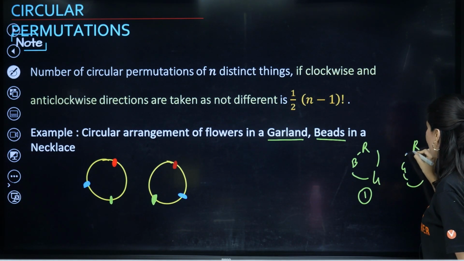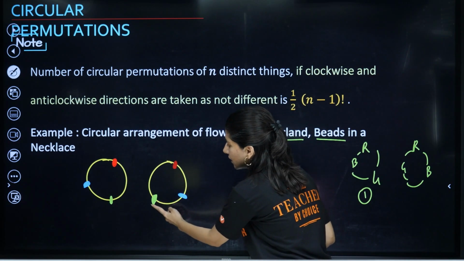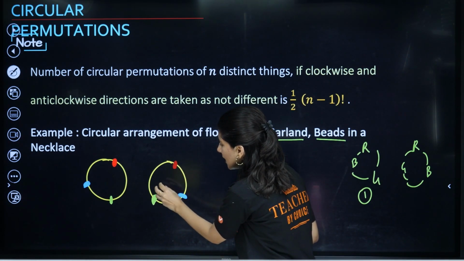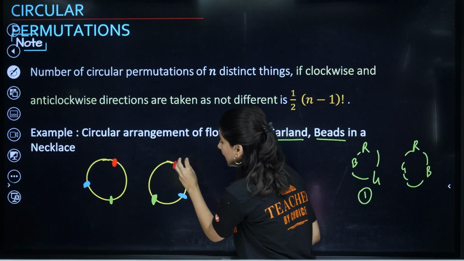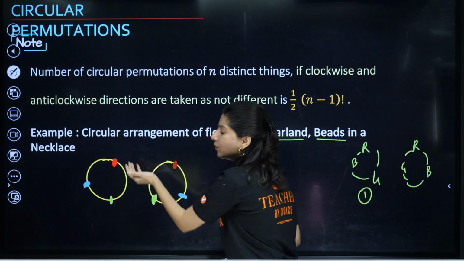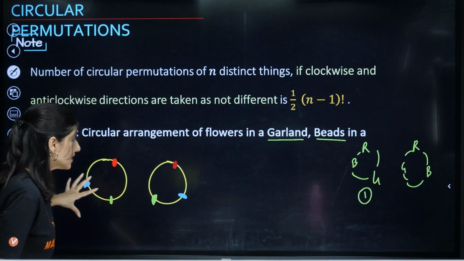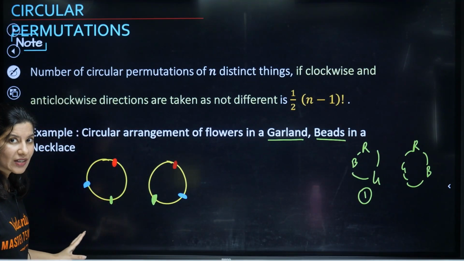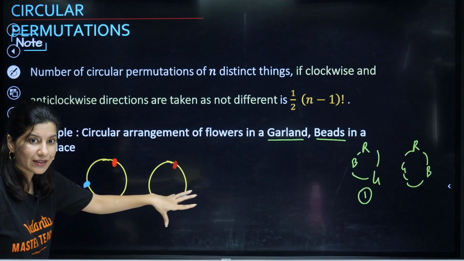Please do not tell me that red can come here. If red comes here and green goes here, then also it is red, green, blue, which is already counted. So understand, this is all about relative position. It is not about up and down. These are movable entities.